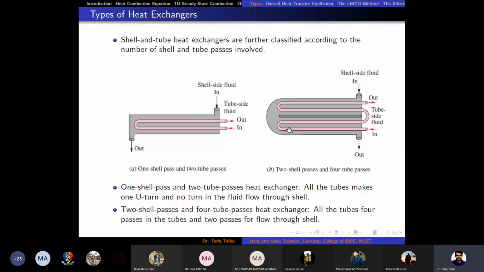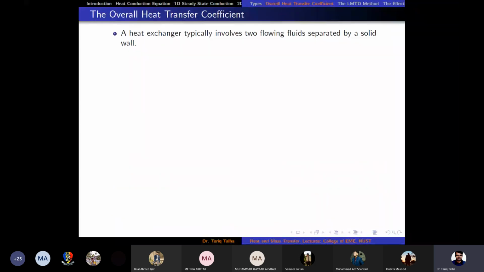So the overall heat transfer coefficient we already studied in chapter number 3. It gives us the combined effect of convection and conduction resistances, and we can also include radiation resistance if required. But for heat exchanger design, predominantly there is convection and conduction.